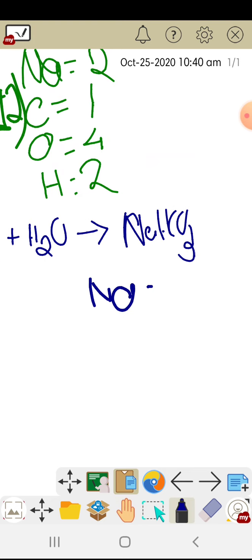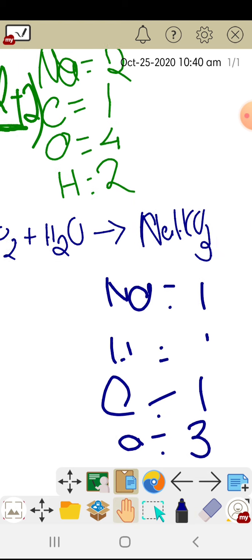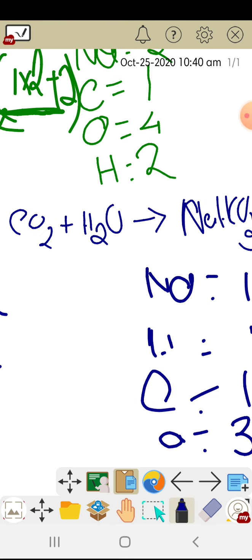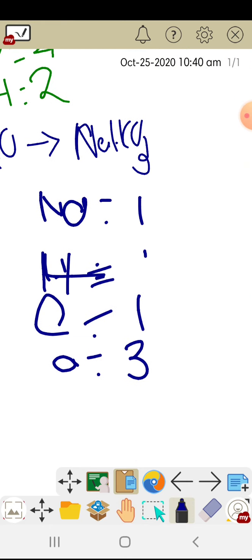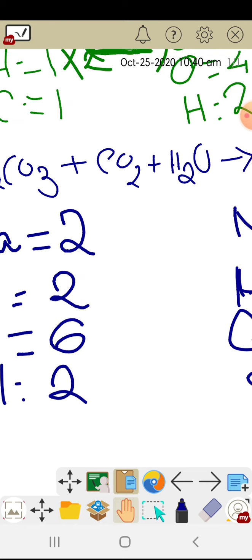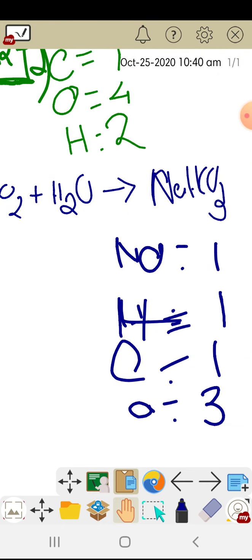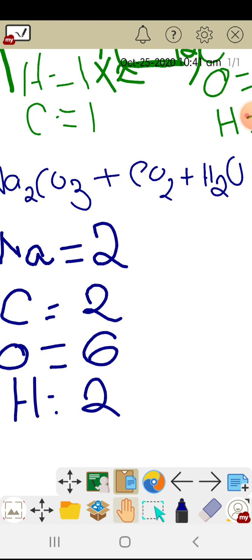Na is having 1, H is having 1, C is having 1, O is having 3. Now what will you do when H is having 1 atom on each? Here this is having 2, here is having 1. So Na is 2, needs to be multiplied by 2; hydrogen is 2, carbon is also 2, so these need to be multiplied by 2; oxygen is also 6, 3 into 2 is 6. This was very easy.